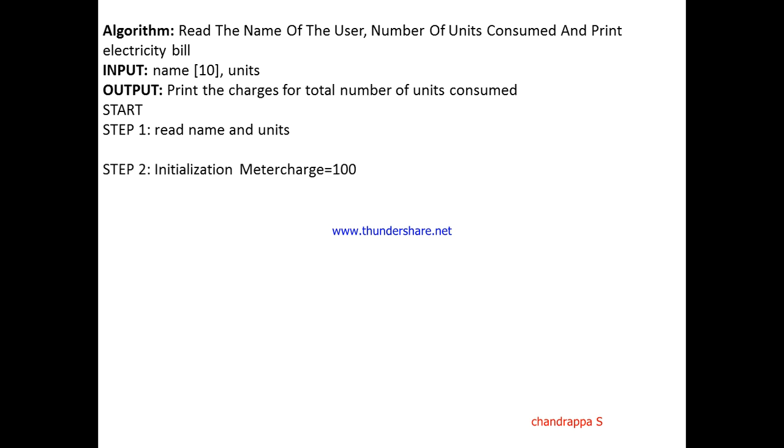Step 2. Initialize compulsory charge, that is 100 rupees. Step 3. If units consumed is less than or equal to 200, calculate meter charge: meter charge equal to meter charge plus units into 0.80.